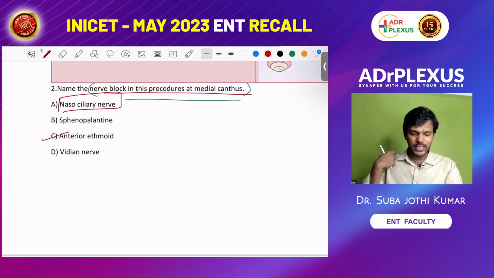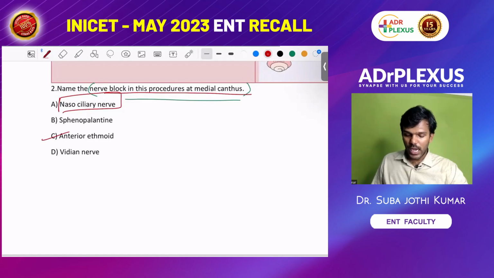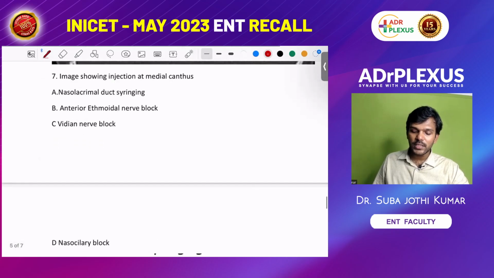I'll repeat it. Some are saying that a picture was given, and in that picture there was some injection given near the medial canthus. So I'll give you that particular version also. See, image showing injection at medial canthus.